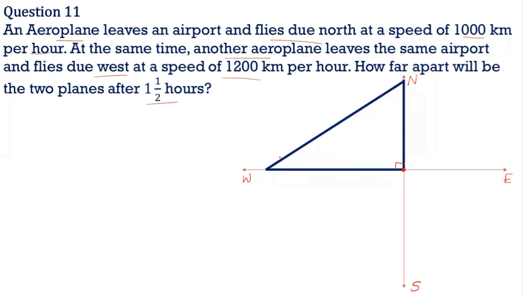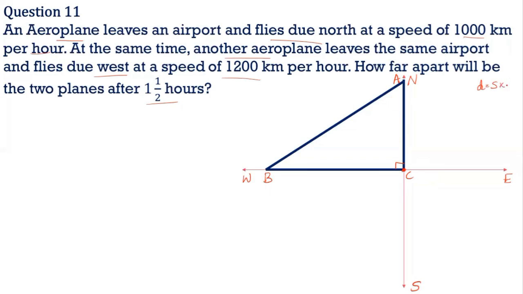Now you have to find this distance A, B, C. We have to find distance AB. AC is a distance travelled by an aeroplane which flies due north in 1.5 hours. AC is the distance travelled in 1.5 hours of an aeroplane flies due north.